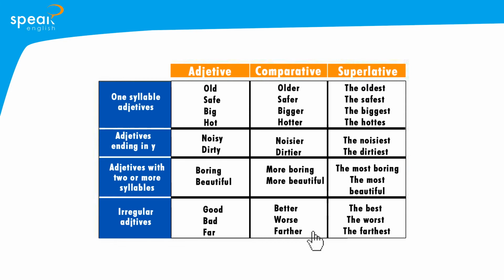The comparative, farther. The superlative, the farthest. So these are the rules that you have to learn and remember when you are comparing more than two objects. Remember, if one is the greatest, si uno es mucho mejor que otros, you are comparing in the superlative form.